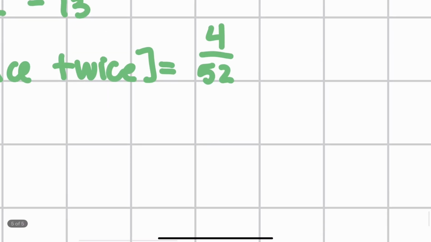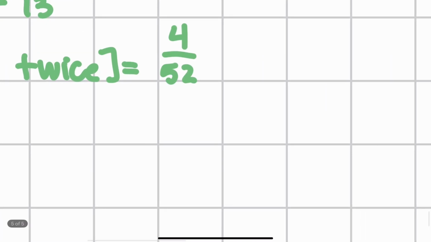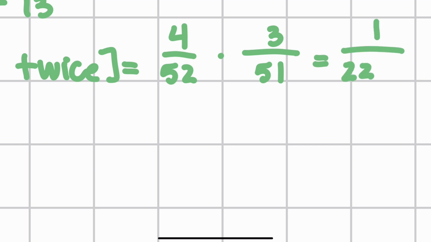Drawing an ace second would be 3, because you've got 1 less ace, out of 51, because you've got 1 less card. So the probability of drawing an ace twice, you would take these probabilities and multiply them together, which is a 1 in 221 chance.